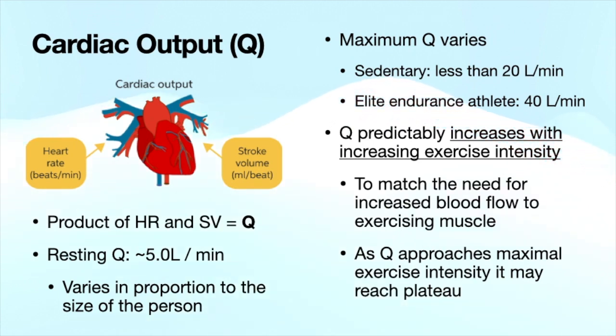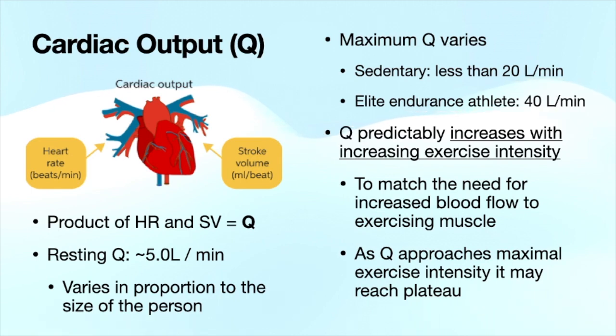Like VO2 max, when Q approaches maximal exercise intensity, it may reach plateau. In fact, it is likely that VO2 max is ultimately limited by the inability of Q, or cardiac output, to increase further.